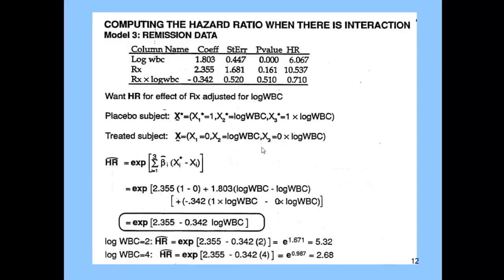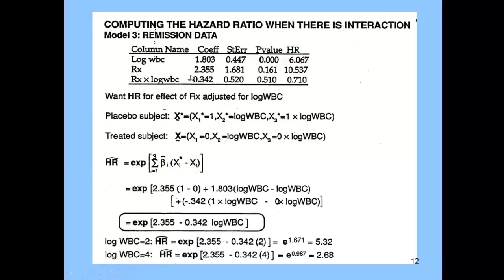And then if you have a more complicated model, which we didn't need to have. You remember, model 3 we didn't really drop because we didn't have a significant interaction. But if we decided we wanted to play around with model 3 and just see what the hazard ratio formula would look like, whether model 3 was appropriate or not, we now have 3 variables: log white blood cell count, treatment and the product term. And so that means that the formula, again, is e to the sum of beta i hat times the corresponding difference between predictor variables.